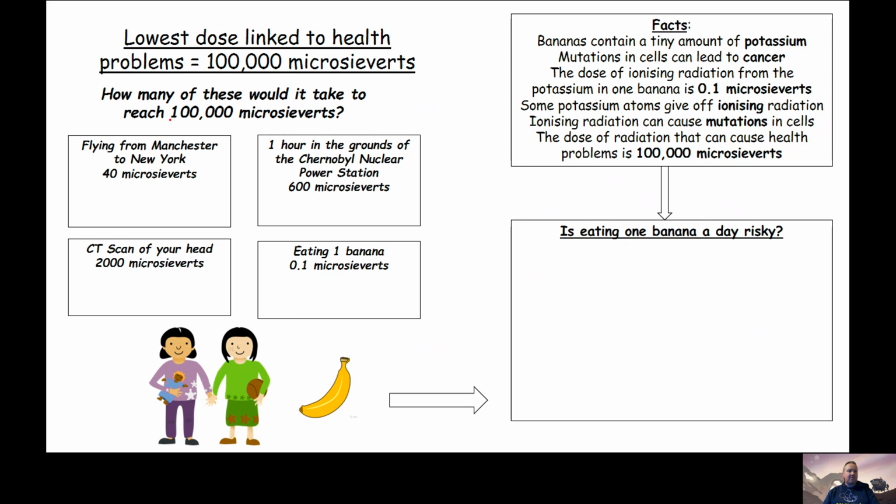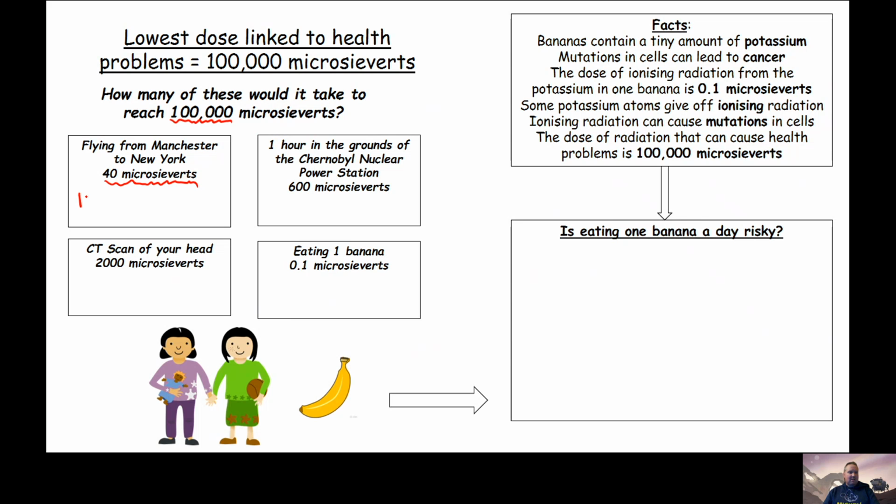So all you're going to be doing is dividing the 100,000, which is the target we're trying to reach, by the number of microsieverts in whatever is happening. So for example, flying from Manchester to New York, on average, gives us an ionizing radiation dose of about 40 microsieverts. So how many times will I have to fly from Manchester to New York to increase my health risk?